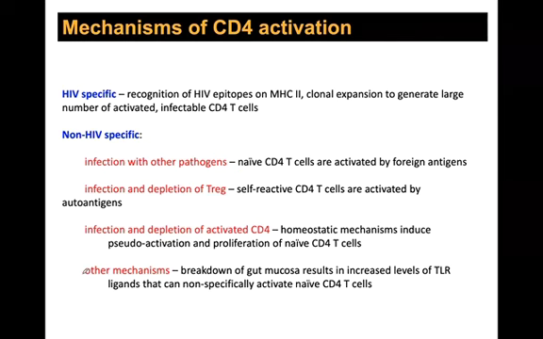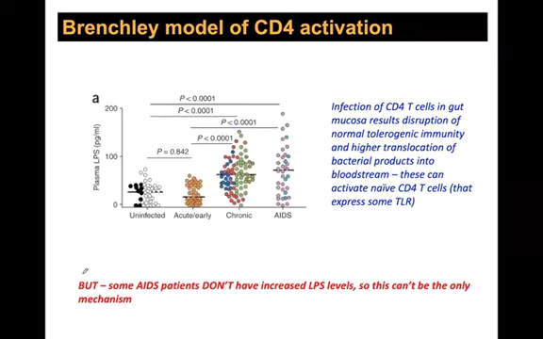And so Jason Brenchley, who again was in Danny Douek's lab, proposed this model. It's not fully accepted. It's one of the mechanisms that can contribute to AIDS, but I think it's the one that explains the progression to AIDS the most.